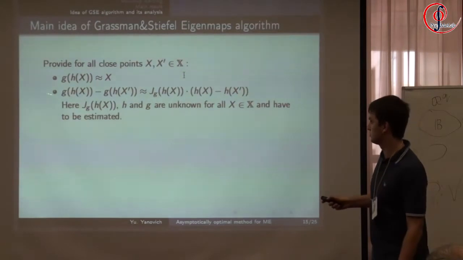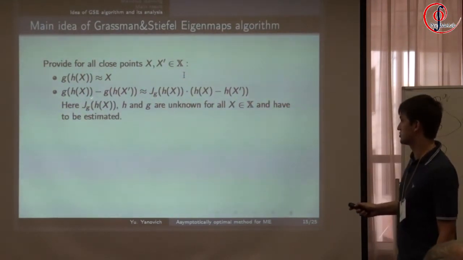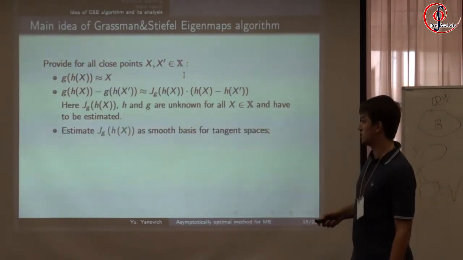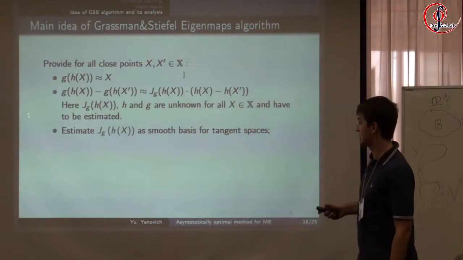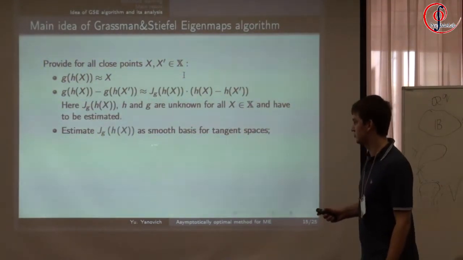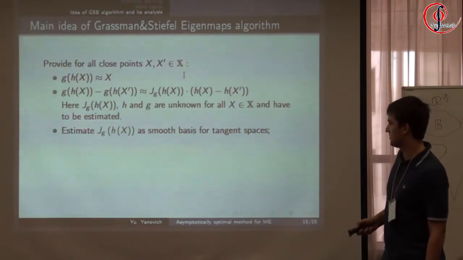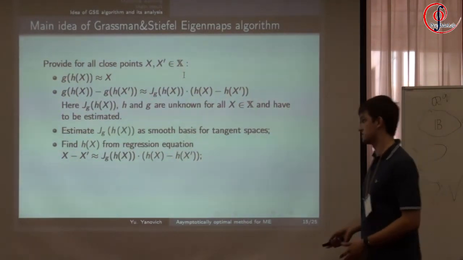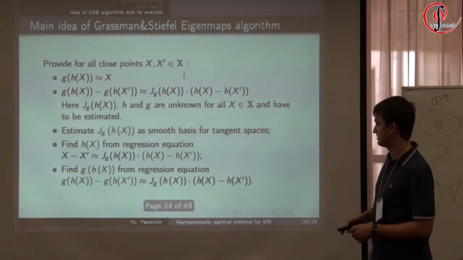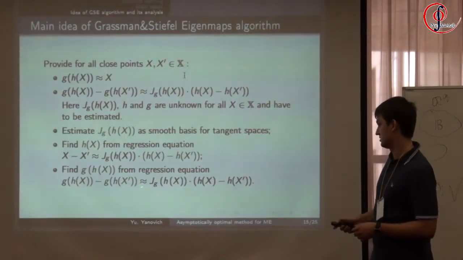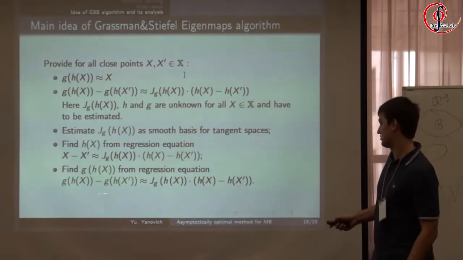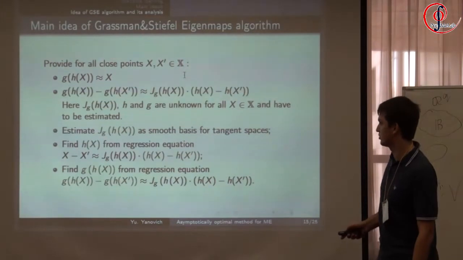Here all quantities in this equation are unknown, and in order to estimate them, one can firstly estimate Jacobian matrices as smooth bases for tangent spaces. Then, using the following equation, estimate embeddings, as this is just a regression problem. And finally, to estimate the reconstruction mapping, one can also use some regression equation.